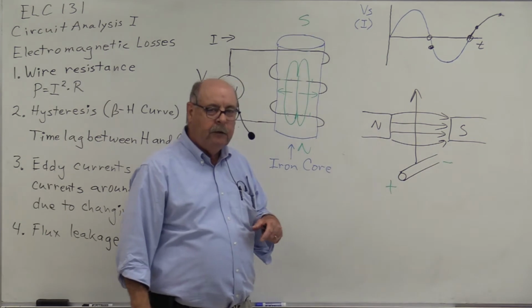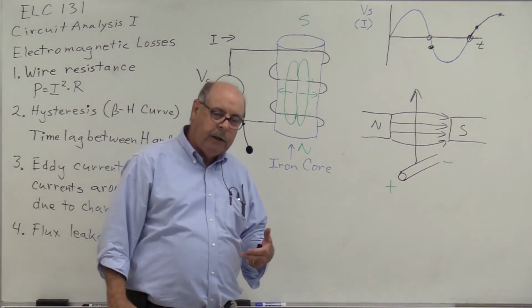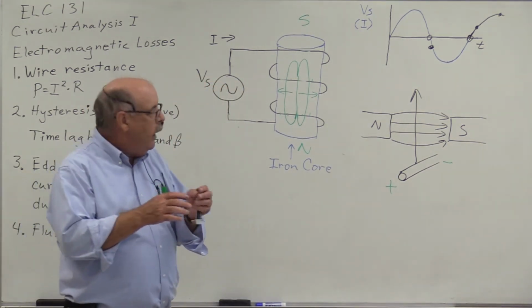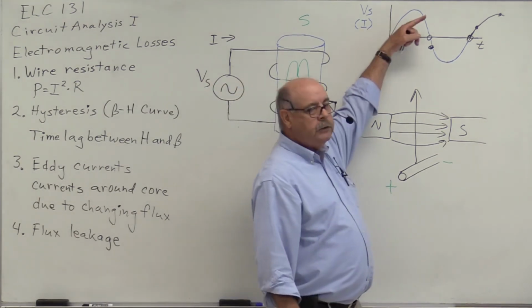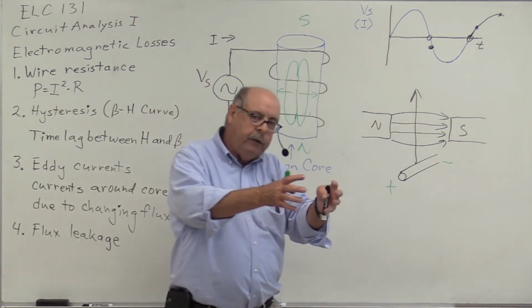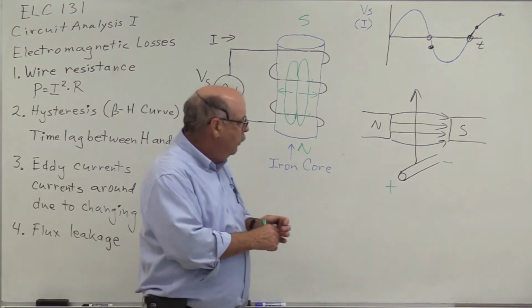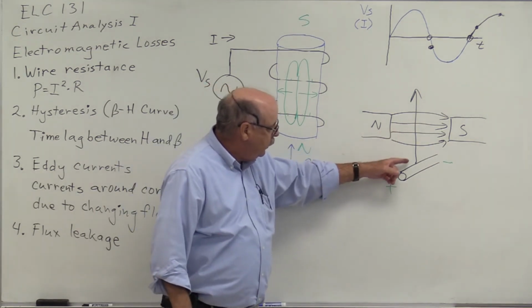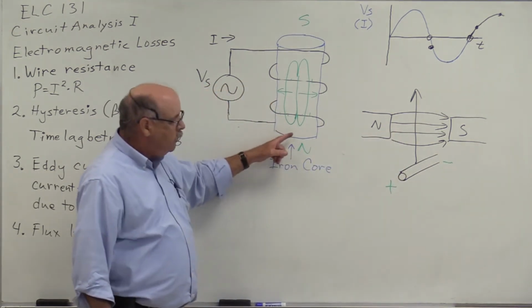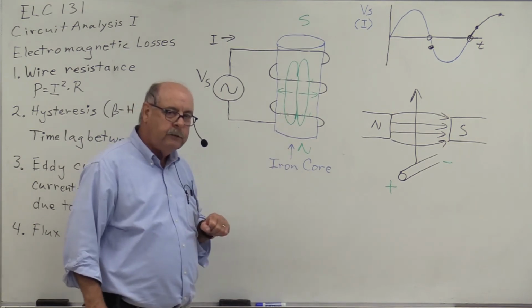We have relative motion between flux and a conductor. So as the current increases and the magnetic field expands, we have relative motion between a conductor, the iron core, and the flux.